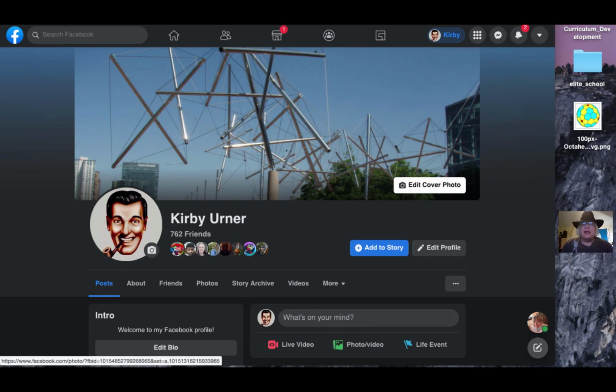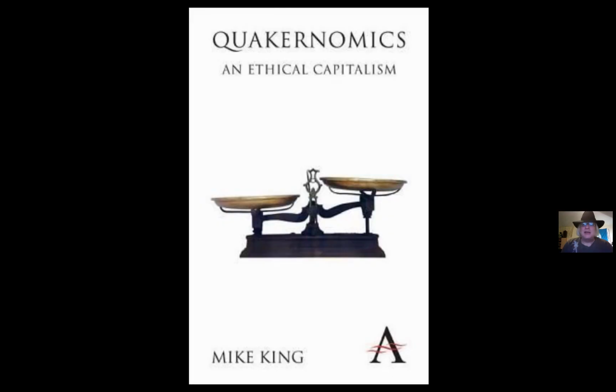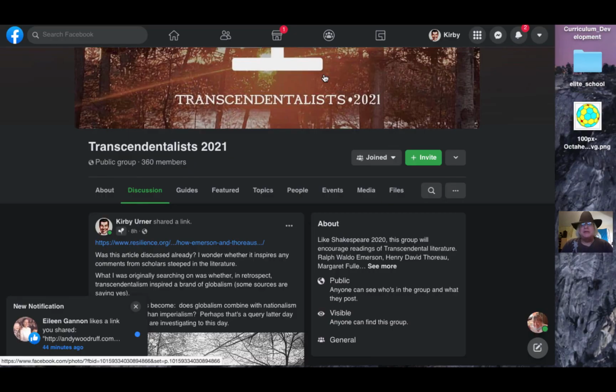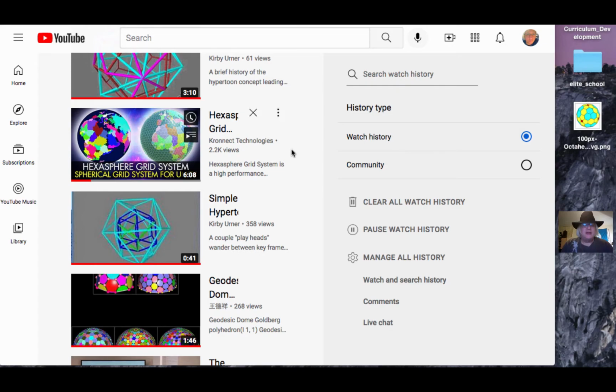But I think if you look at the book Quakernomics and you look back at the history of the Transcendentalists and what they attempted in terms of utopian communities, there was something enduring and something connecting to democracy and liberalism in those experiments, right? There's an egalitarianism that's not the same as communism, right?